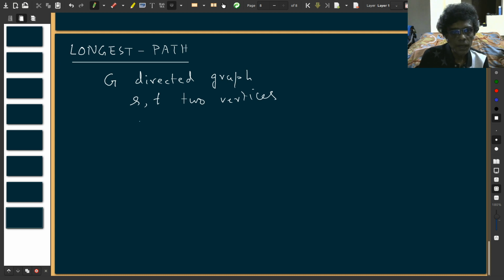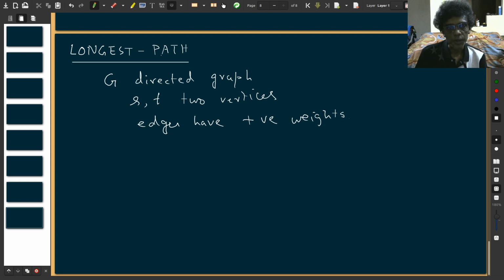And for the moment assume that edges have positive or non-negative weights. Now, you have already seen the shortest path problem, single source, all pairs. Now I ask the question: find the longest path from S to T in G.